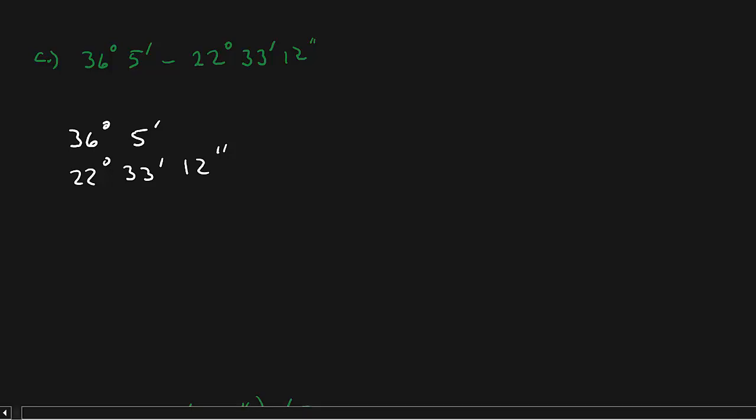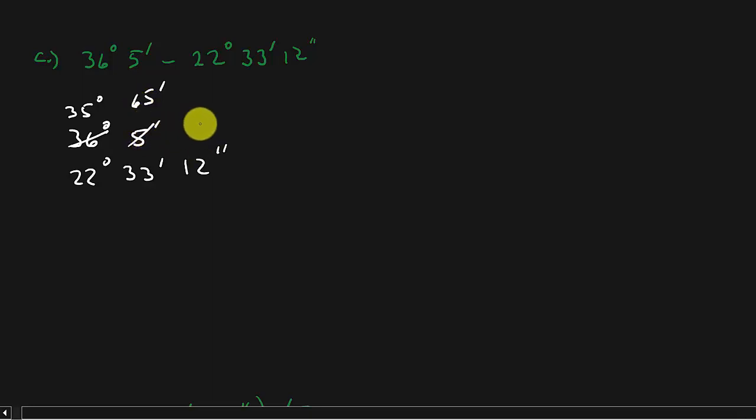So we're going to have to borrow from the 36, and that's going to make it 35. We have to bring that 1 degree over here, okay? But remember, that 1 degree is changing to 60 minutes, so this is going to be 65 minutes. How did I get the 65 minutes? Well, the 1 degree is 60 minutes. The 60 minutes plus the 5 minutes is 65 minutes.